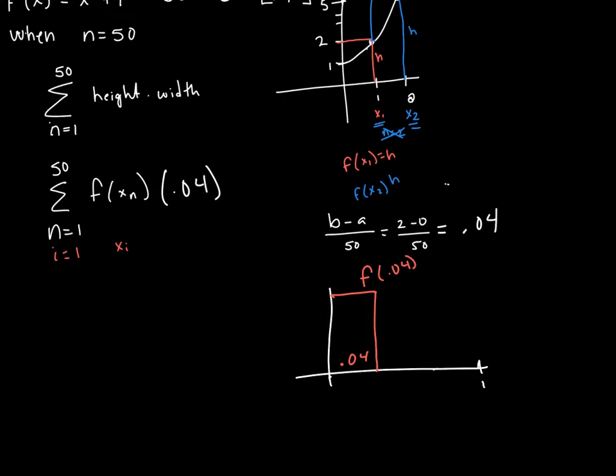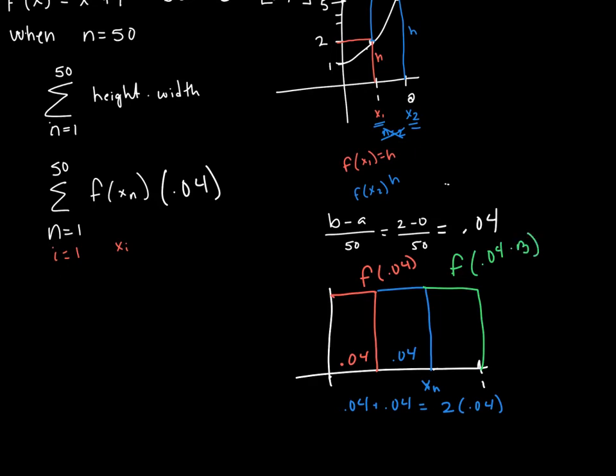If I want to go ahead and do the next one, this still has a bottom width of 0.04. But what is my next value here? Well, it's 0.04 plus another 0.04, or 2 times 0.04. And if I did that one more time, and got one more piece here, that would be f of 0.04 times 3.